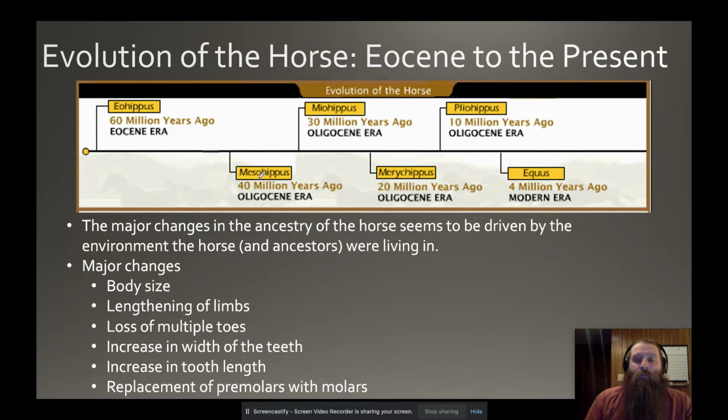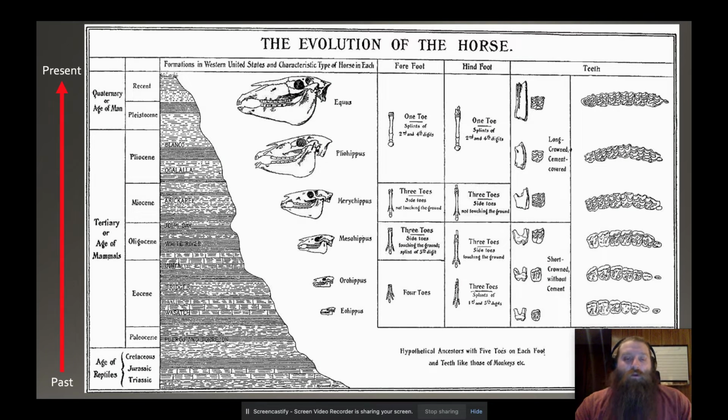Now, when we talk about what we're looking at, this is a pretty information-packed slide, so let's take a minute and break it down. So Eohippus down here at the bottom, we usually find in the Eocene layers of rock. So here's the Eocene, here's the Eohippus skull.